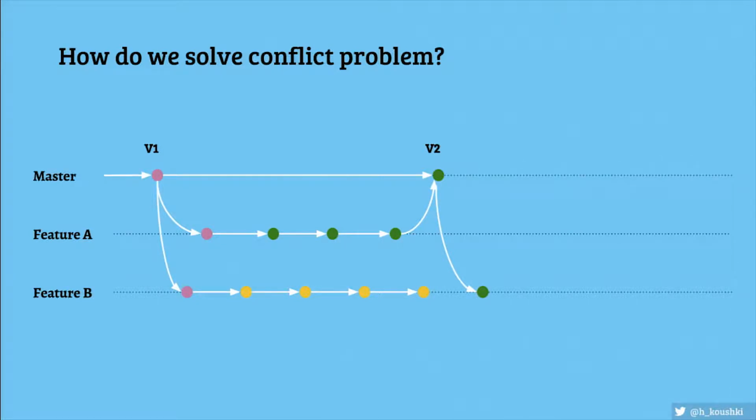So now we have two different situations. First, a conflict problem. Of course it's possible. And second, we don't have a conflict. We are lucky, right? If we have a conflict problem, then Inflow will send a message to the JIRA task for the developer, and the developer is responsible for solving the problem. But the deployment process does not fail, because it's already merged to master and master is deployed to production, right?